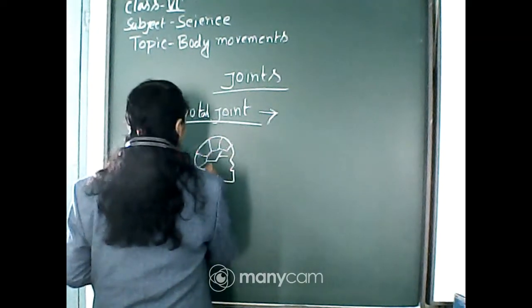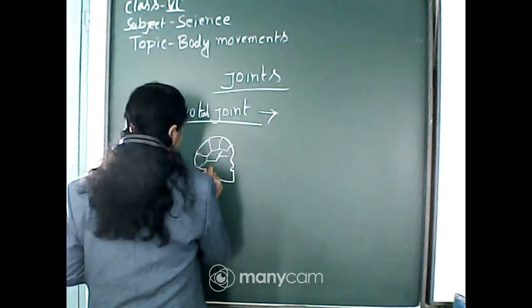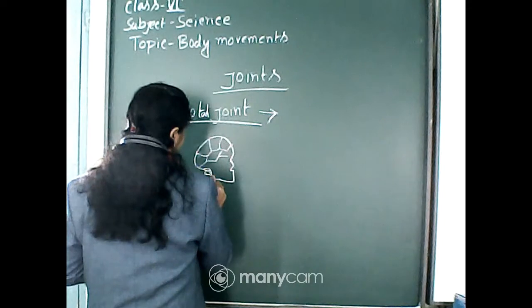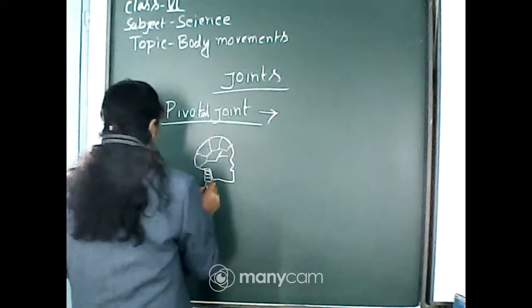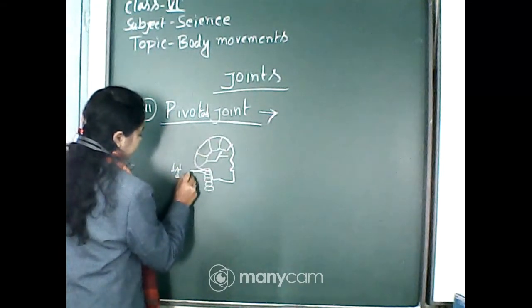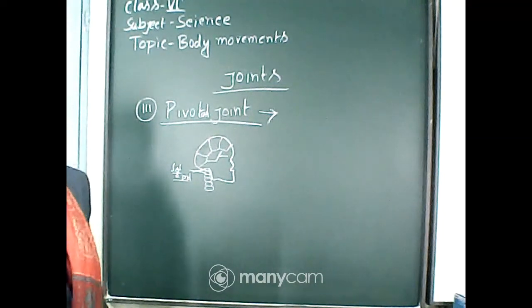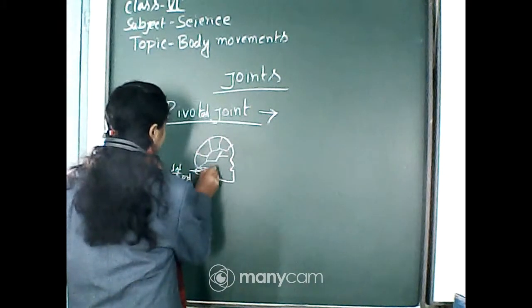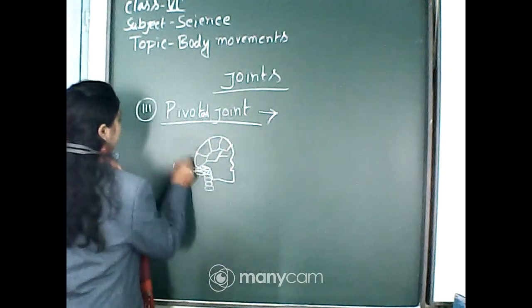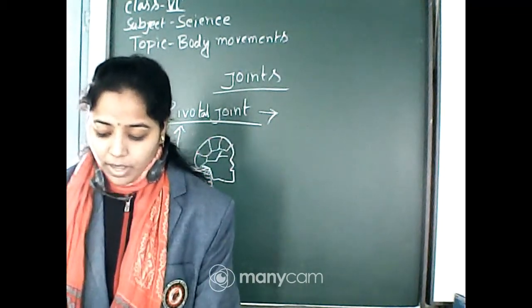So many bones are connected to form a cranium, and from this structure there are some small bones which make the spine. The joint between the first two vertebrae, first and second, is an example of a pivotal joint.